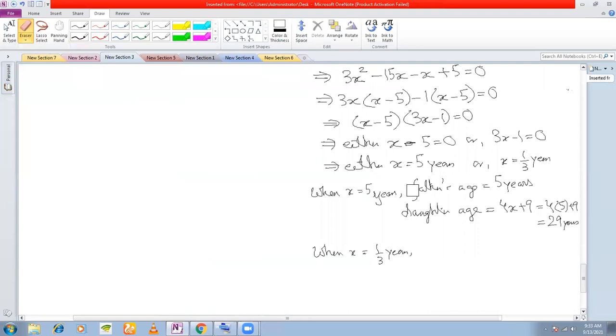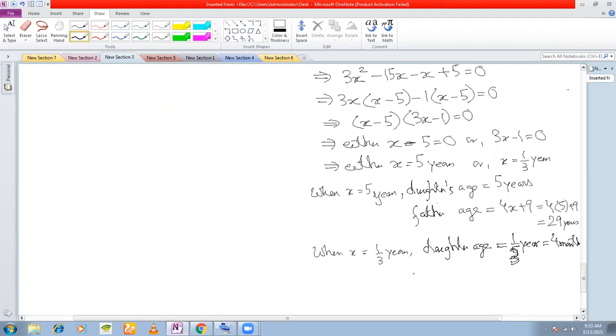this is daughter, let's say. Daughter's age, and this is father's age. Daughter's age is equal to 1/3 year, sorry. 1/3 year means 4 months.